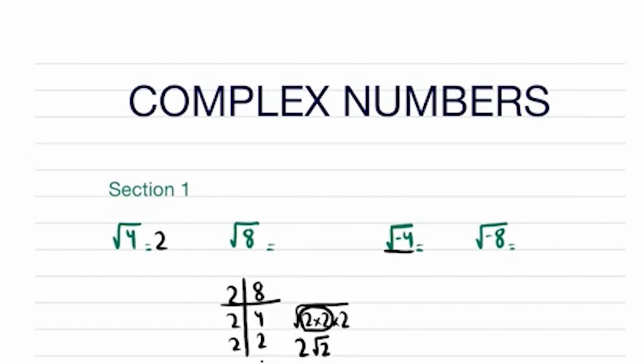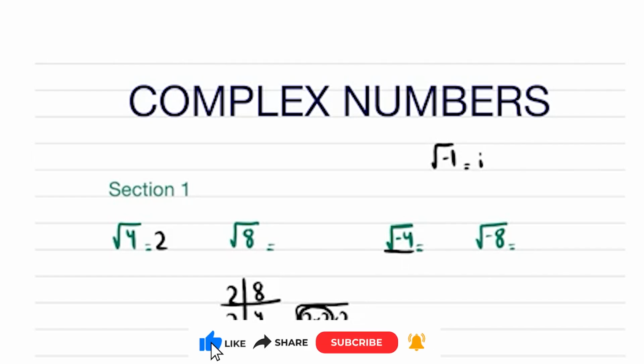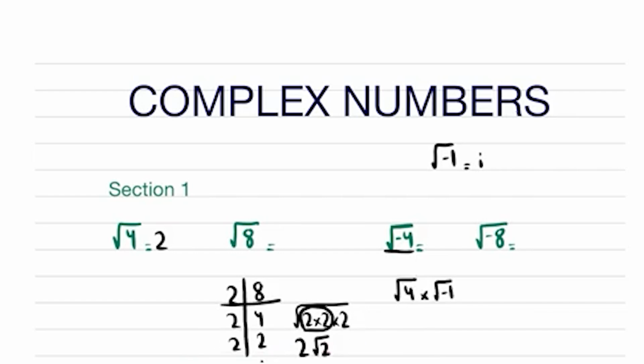Now here comes the complex number. What is a complex number? Under root -1 is iota. Under root -1 is what? Iota. Okay, now can I write like this? Under root -4 is equal to under root 4 into under root -1. This will become 2 iota.